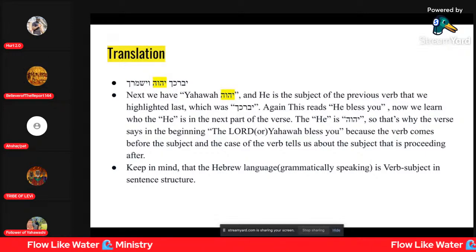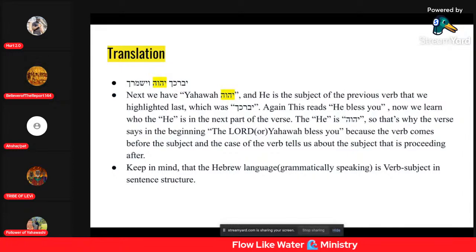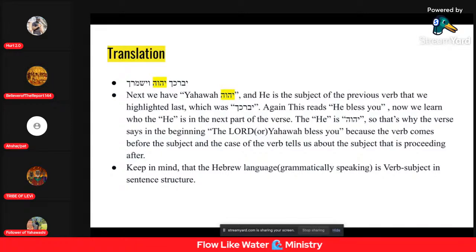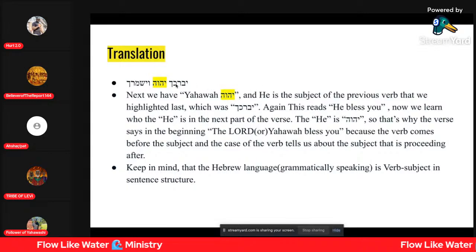We could say ran did Caleb. Caleb would be the subject, and ran would be the verb. But the verb would typically occur first and then the subject after. And it's the same thing with this particular verse. But let's continue on.